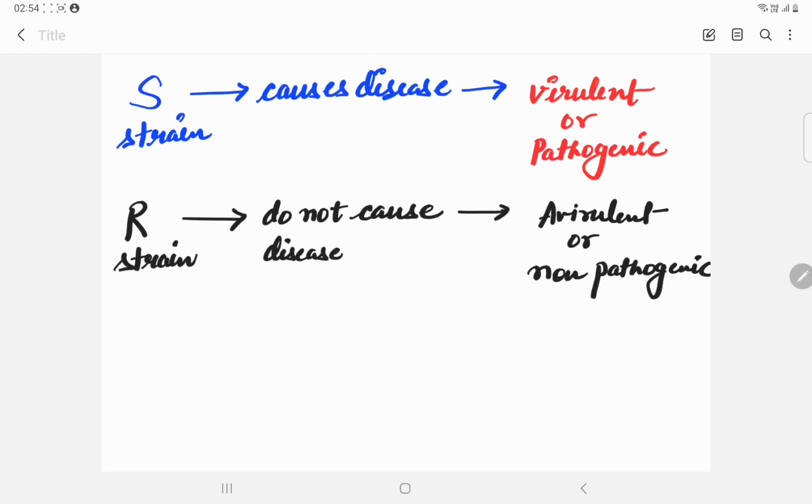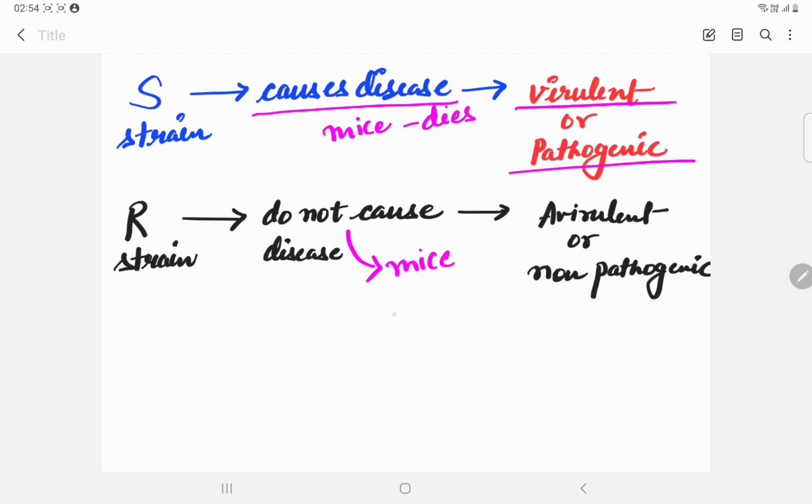S strain causes disease, that is why the mice die. In the previous experiment, set A, these strains are therefore named as virulent or pathogenic strain of bacteria. And R strain, we have seen that when injected into mice body, they do not cause any kind of disease. Mice survives here.